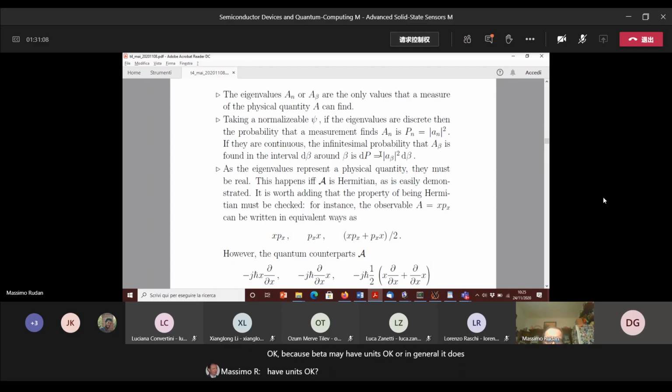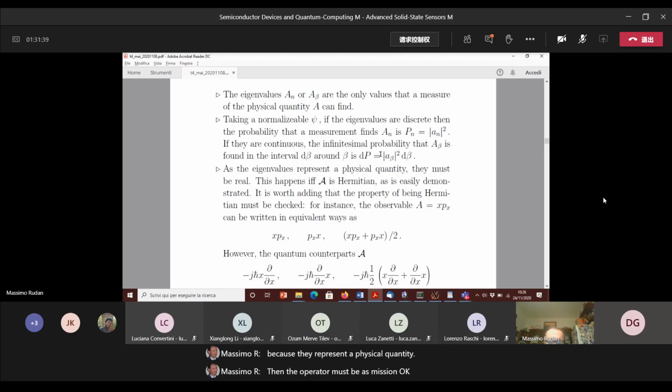So this is the set of postulates that show how to construct the operator, how to form the eigenvalue equation, how to expand the wave function, and how to give a meaning to the coefficients. We anticipated that since the eigenvalues must be real because they represent a physical quantity, then the operator must be Hermitian.